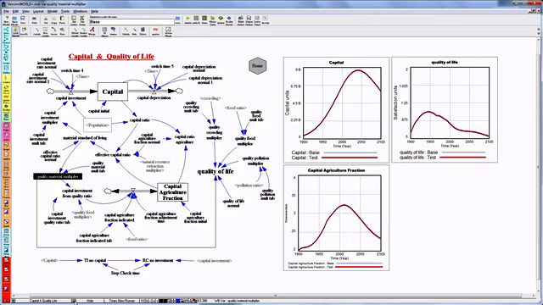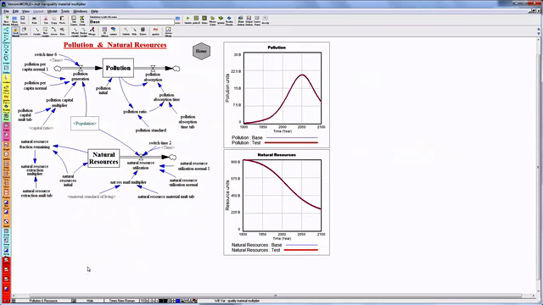If we continue down, we have a stock of pollution, increased by generating pollution and taken up by natural absorption processes. And we have a stock of natural resources that gets used up in the course of producing industrial output.